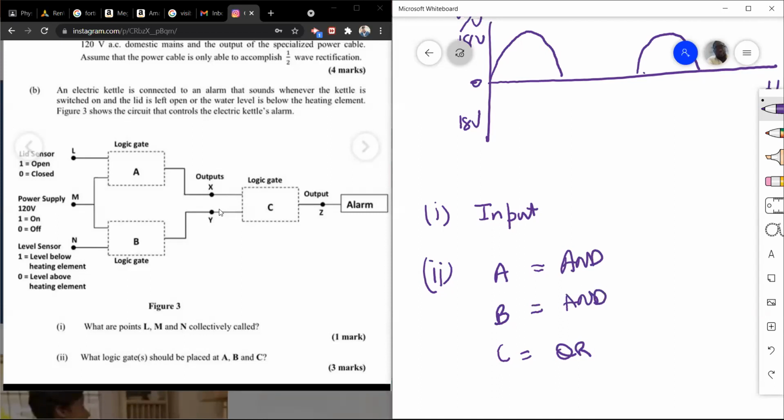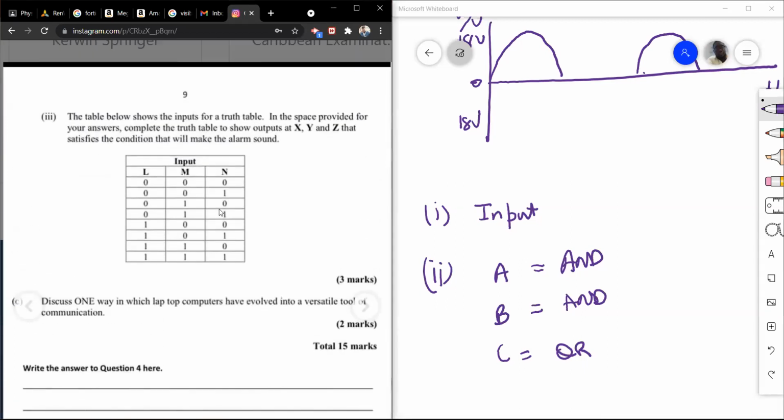Sir. Yeah. What is the point of the table on the next page? Well, I haven't read it yet. I was hoping that it could have given me a clue, but okay, let's read it. The table below shows the input for a truth table. In the space provided for your answers, complete the truth table to show outputs at X, Y, and Z that satisfies the condition that will make the alarm sound.